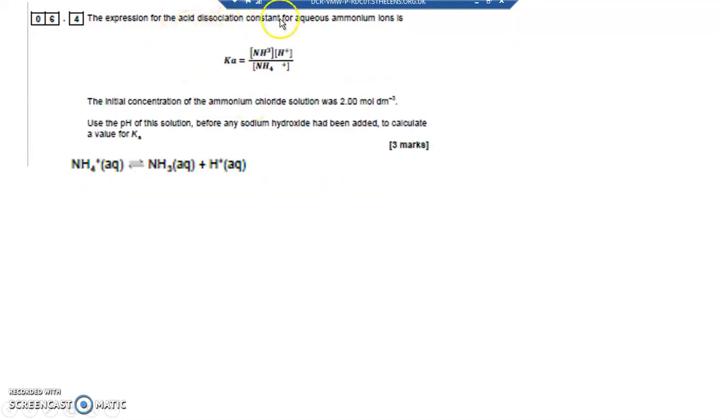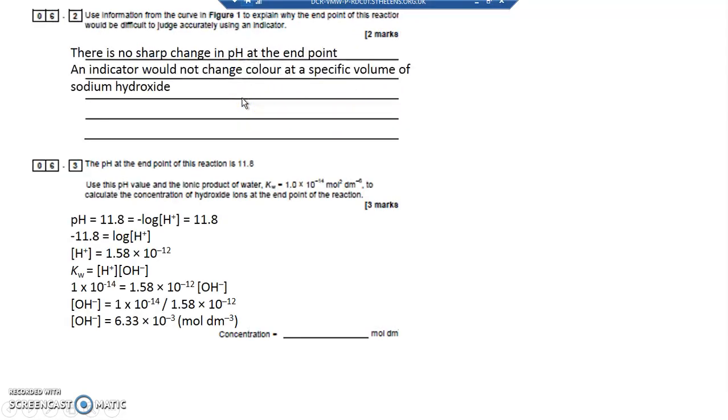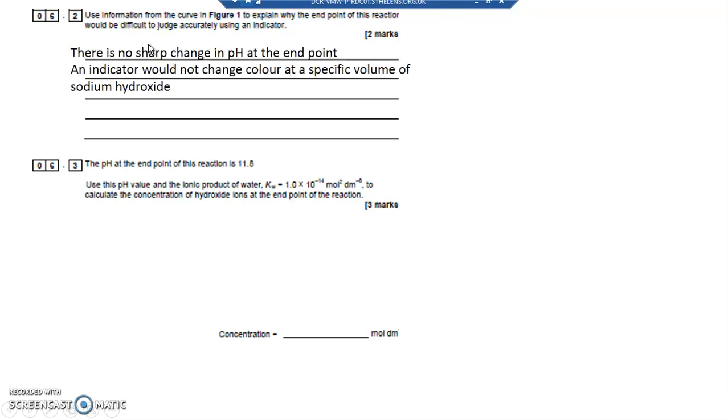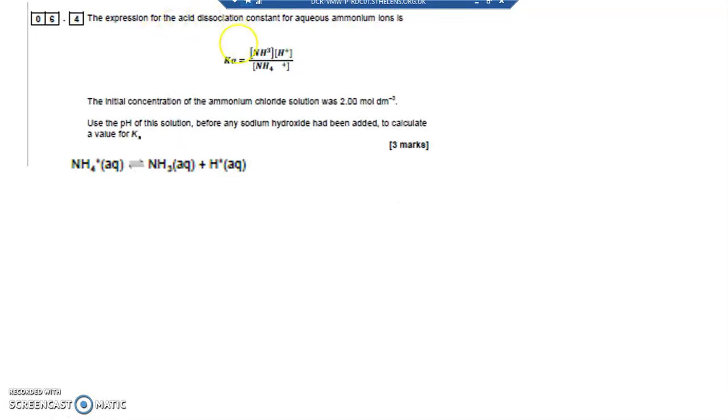The expression for the acid dissociation constant of ammonium ions is this. The initial concentration of the ammonium chloride was 2 mole per decimetre cubed. Ammonium chloride solution, remember back here, it says ammonium chloride is NH4+ when it's in water. So the ammonium chloride solution, 2 mole per decimetre cubed, is this.